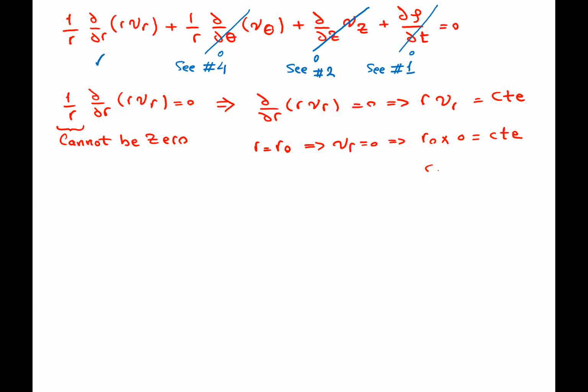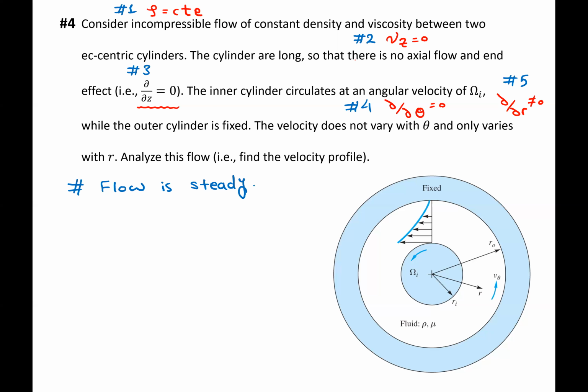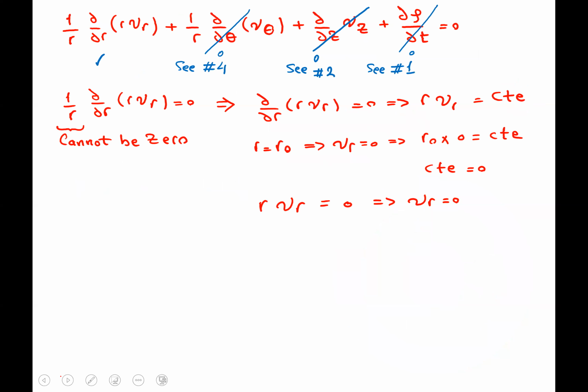So that constant value is 0. So r v_r, which was equal to a constant, we just found out that the constant value is 0. So r v_r is 0, and obviously that means that v_r is 0. We already knew that we don't have v_z because the problem says there is no axial flow, and then we know that v_z is 0. And now we found out that v_r is also 0.